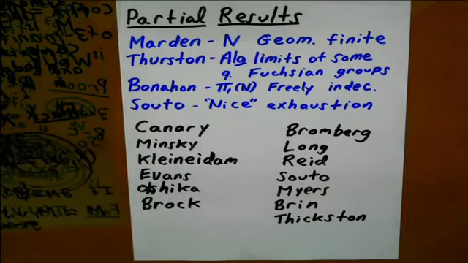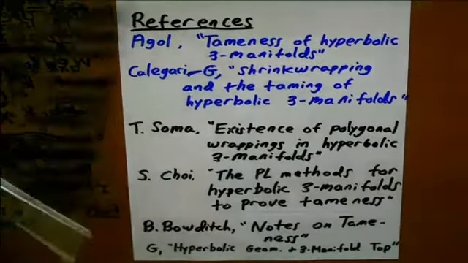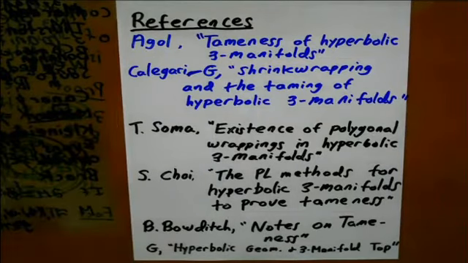Here are some references: the original papers of Ian Agol and Danny Calegari and myself, and Teruhiko Soma. As mentioned in the introduction, there's this idea of shrink wrapping, and we did it in the smooth category, and he found what he calls polygonal wrappings, and drastically simplified the argument for the existence of shrink wrapping.